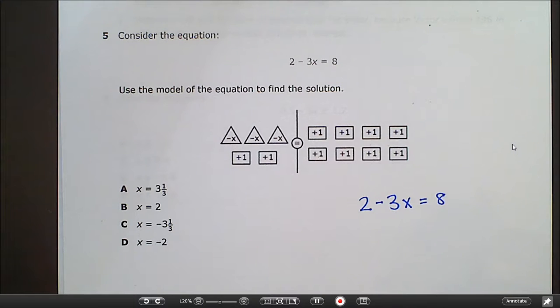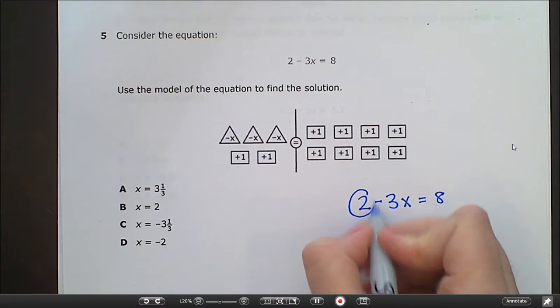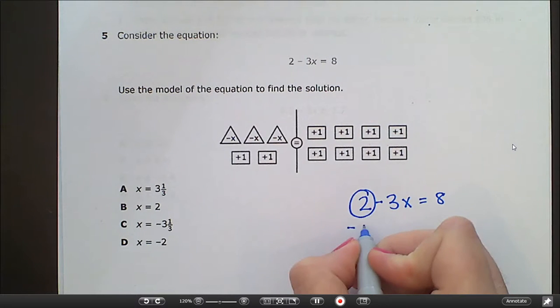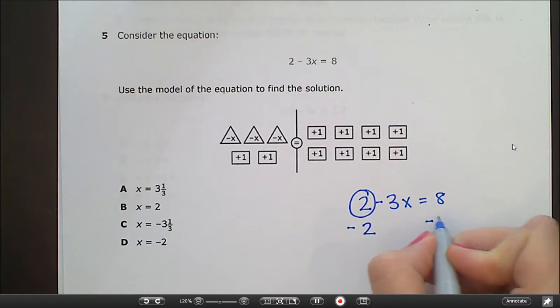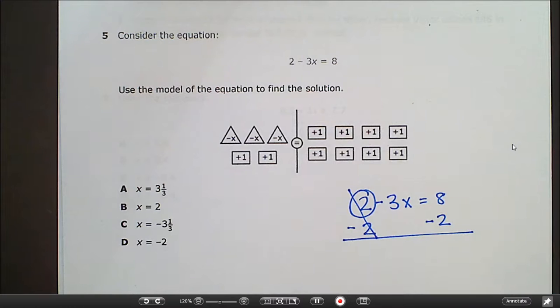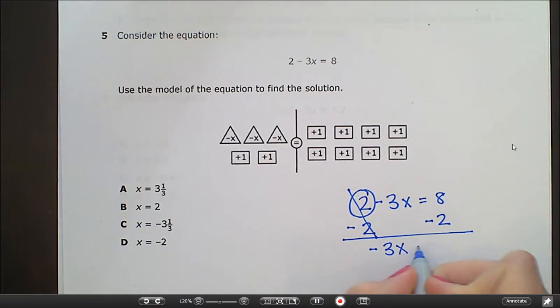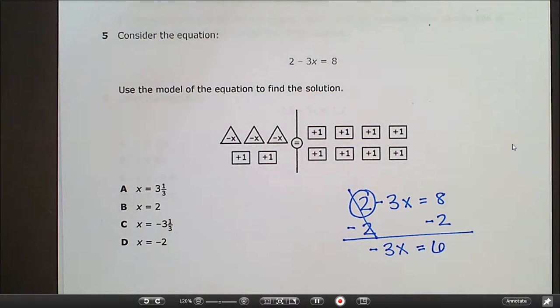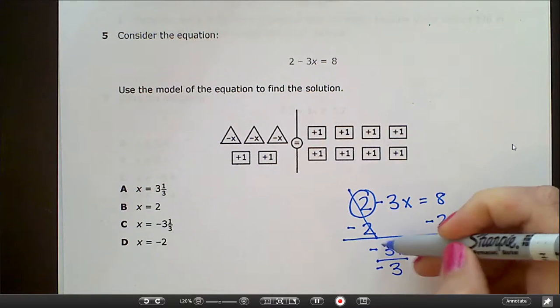And I know that I first want to get rid of this because it's not attached to x, and I undo that by subtracting 2 from both sides. I'm left with negative 3x equals, that's 6. Now I need to divide both sides by negative 3, since that's what is attached to x.